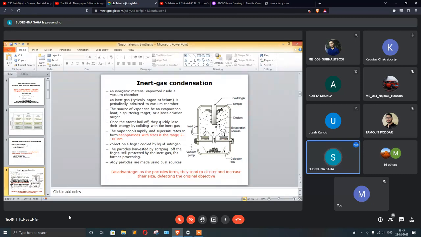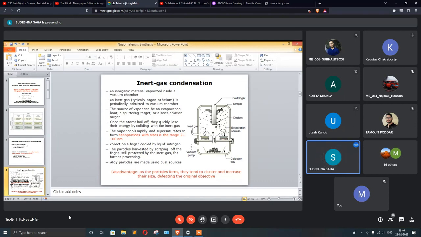That is how it starts, and after a certain time, the surface energy of these clusters is such that they cannot further collapse together.